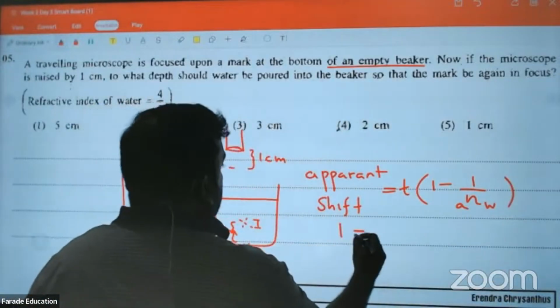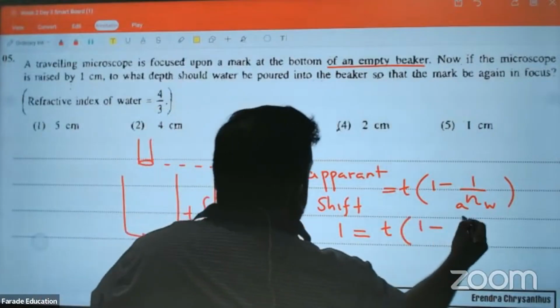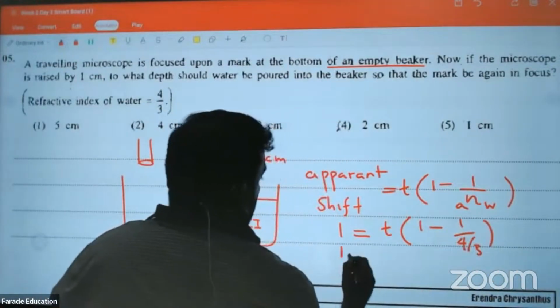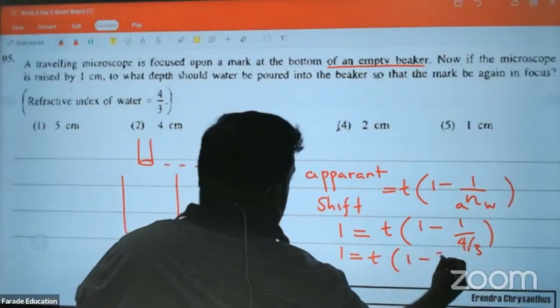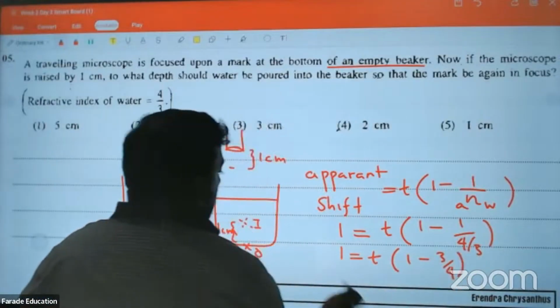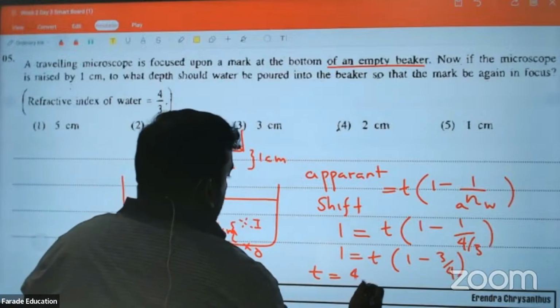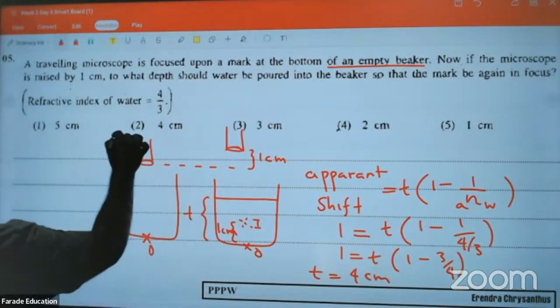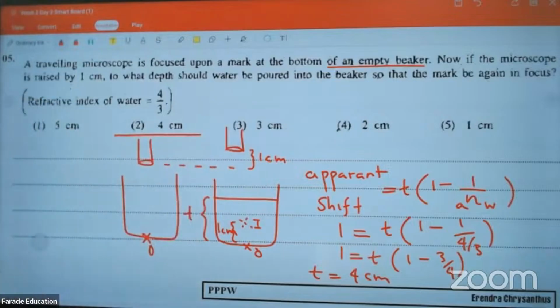The apparent shift is 1 centimeter, so 1 equals t times 1 minus 1 over 4/3. 1 minus 3/4 is a quarter. Cross multiply. t is equal to 4 centimeter. Thickness is 4 centimeter. There you go. Answer number 2.